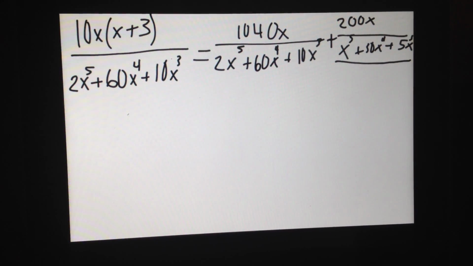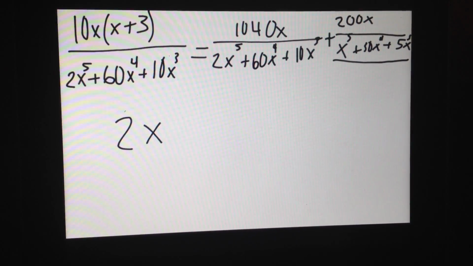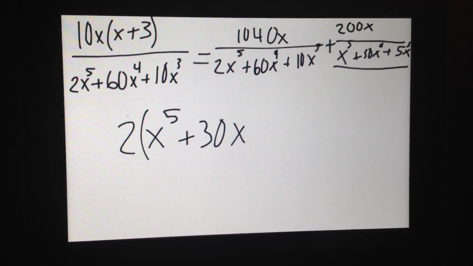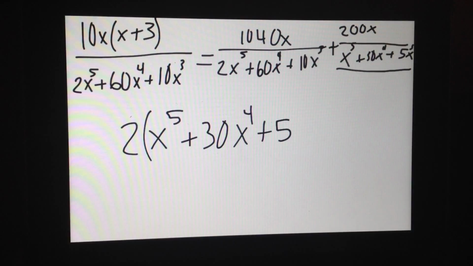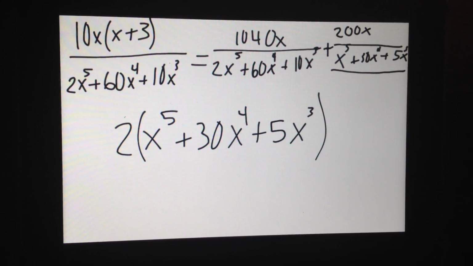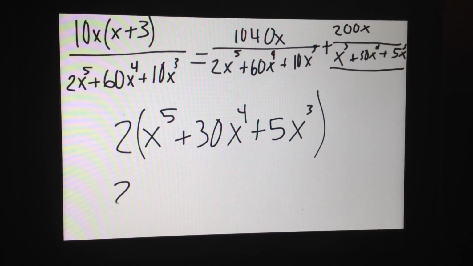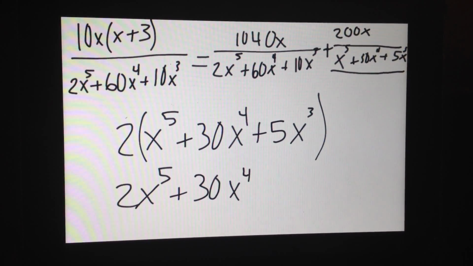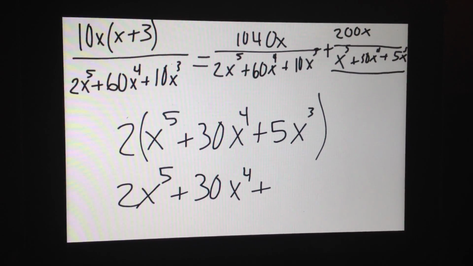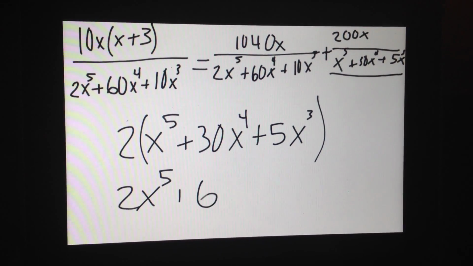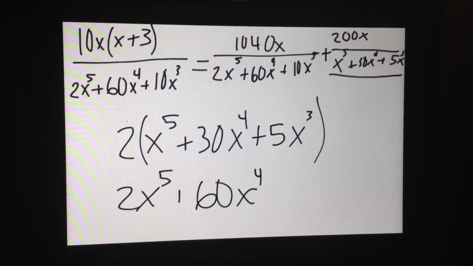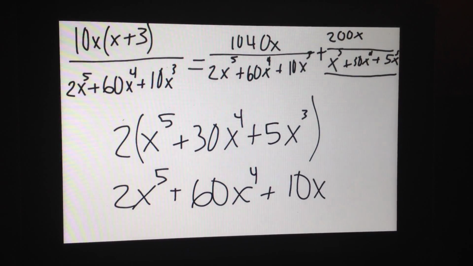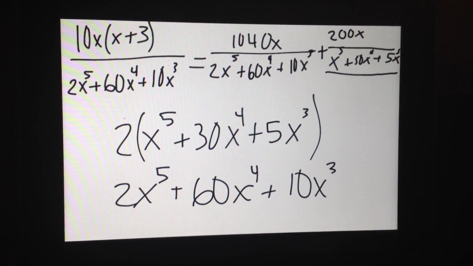So if I multiply this by 2 and distribute it, it'll end up being 2x to the 5th plus, oops, not 30, 60x to the 4th plus 10x cubed. Does that look familiar?